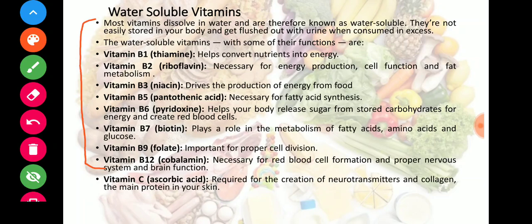And the second one is vitamin C, ascorbic acid, required for the creation of neurotransmitters and collagen, the main protein in your skin. It is also known as a main micronutrient which can make our body fit to fight germs and other external attacks which we face in daily life.